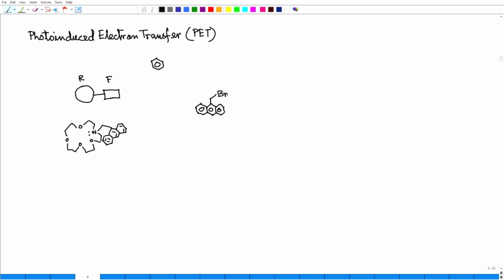PET process. Let me describe the PET process now, and the description will be quite easy if you take the frontier orbital diagram. Let me draw it here, then I will explain to you. Here is LUMO, lowest unoccupied molecular orbital. Here is HOMO, highest occupied molecular orbital.